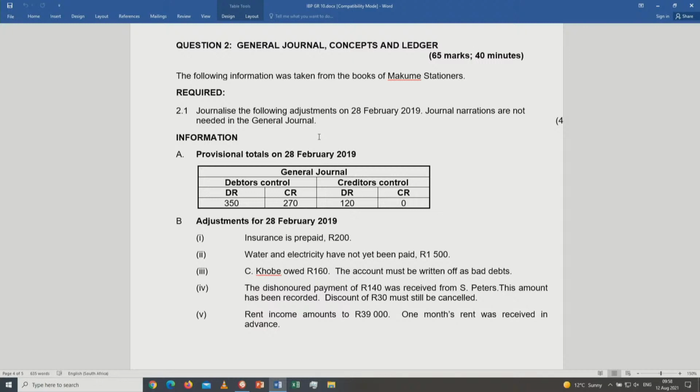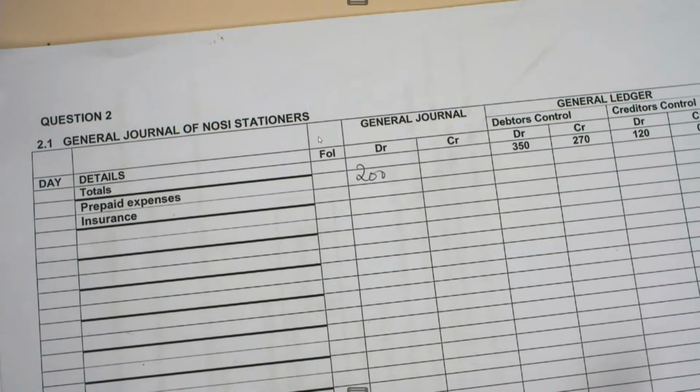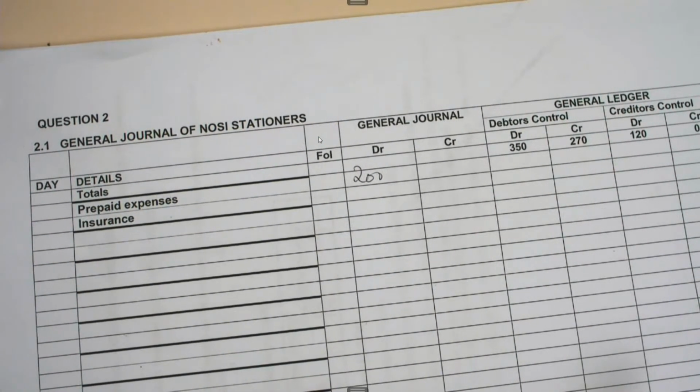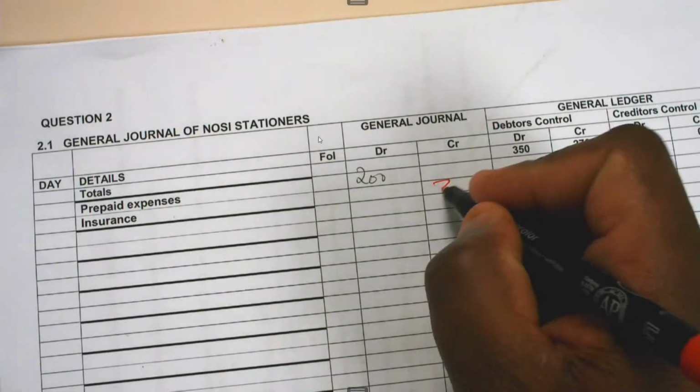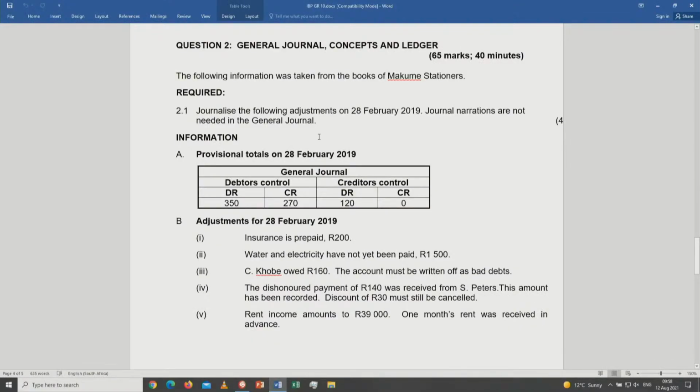If insurance is prepaid for 200 rand, it means the two accounts that are affected there will be prepaid expense and insurance. We debit prepaid expense because prepaid expense is an asset type of account. It increases on the debit side, decreases on the credit side. Then let's go to number 2. Water and electricity have not yet been paid for 1,500 rand.